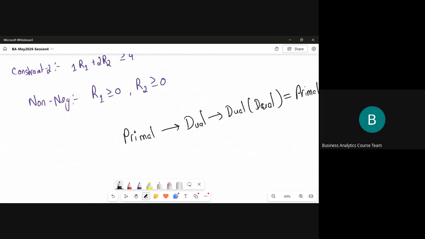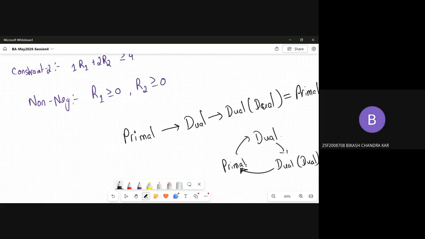So this is a cyclic process. Primal, dual, the dual of the dual is again the primal. So we'll keep on circling here. Okay? Yes, no?